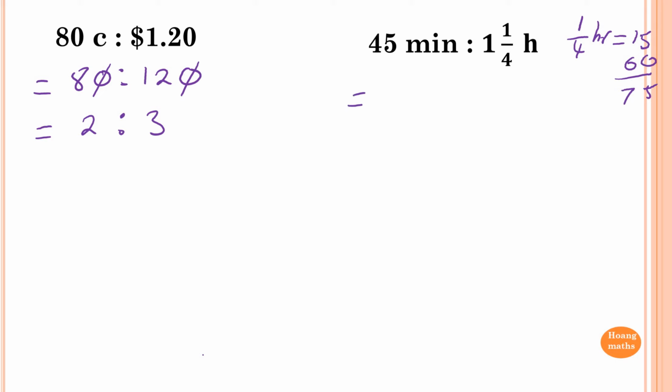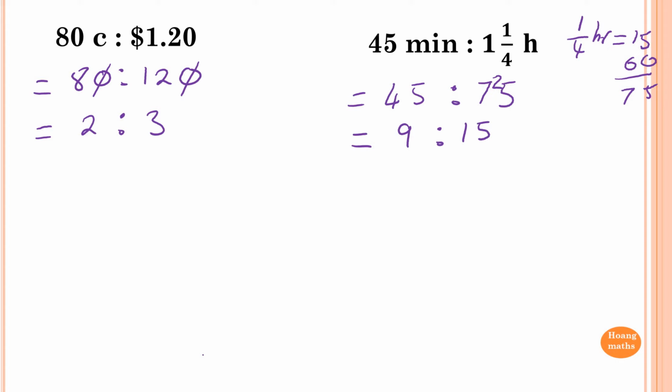So this one is the same as 45 to 75 because they're the same unit now. You can see clearly both end with 5, so it's divisible by 5. So I just divide by 5 first. 45 divided by 5 is 9 because 9 times 5 is 45. Now 75 divided by 5: 5 goes into 7 once, remainder 2, and then 5 goes into 25 five times, so 15.